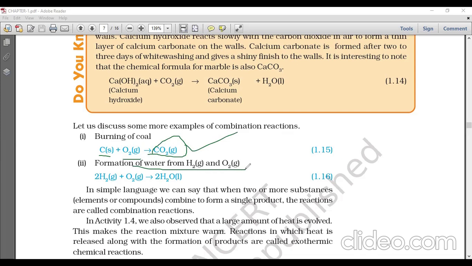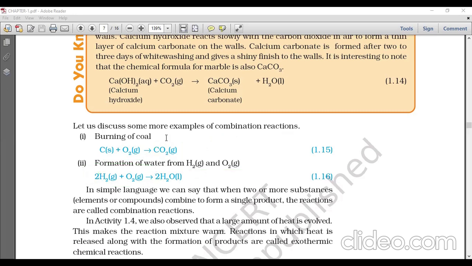And the formation of water from hydrogen and oxygen I have already explained. Tell me here, hydrogen H2 and oxygen give rise to 2H2O liquid. Two reactants giving one single product. This is also an example of a combination reaction.